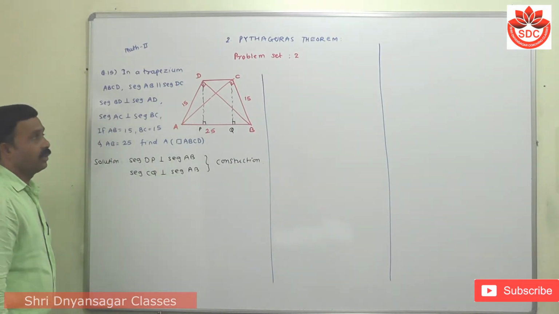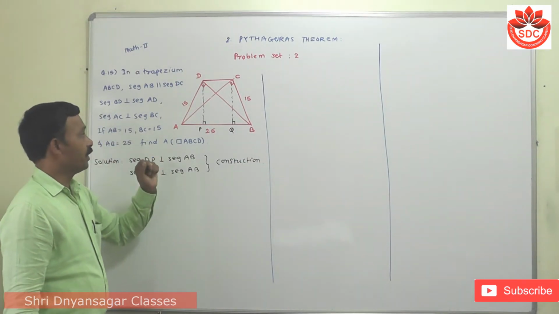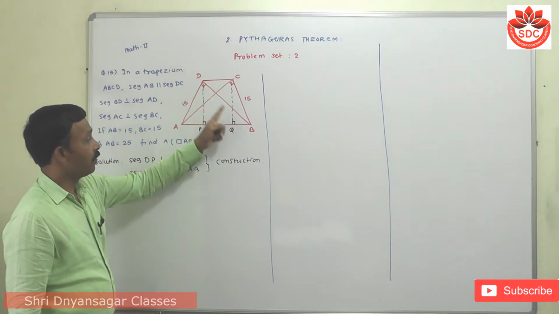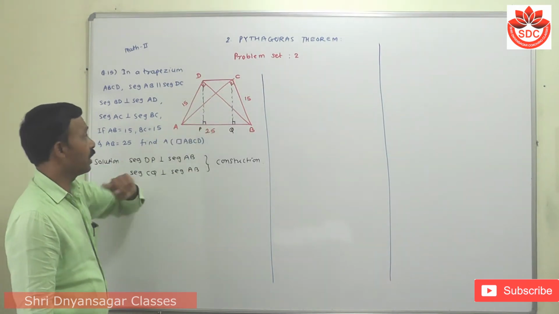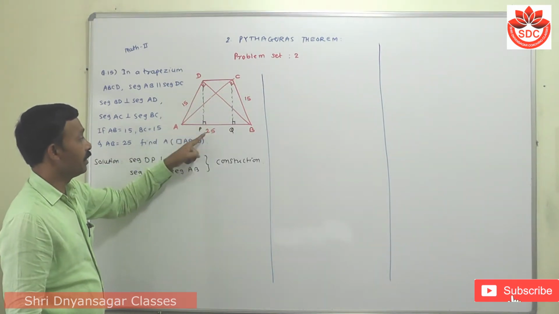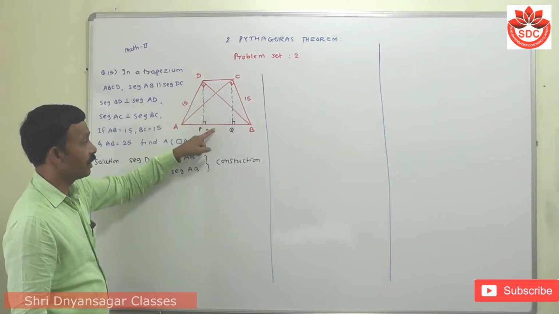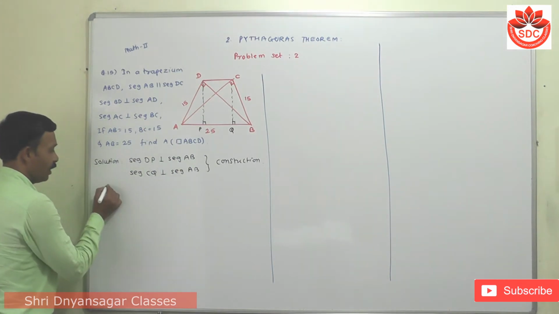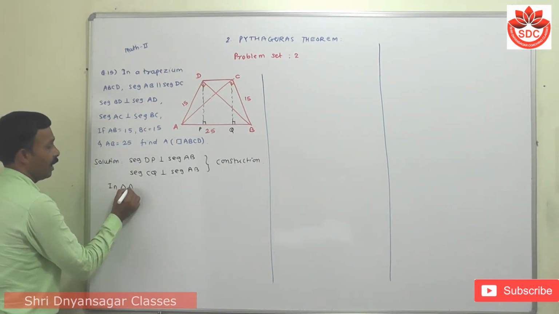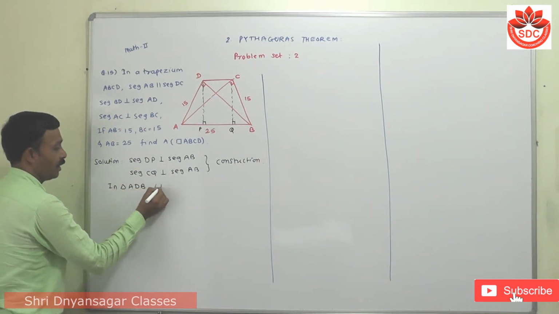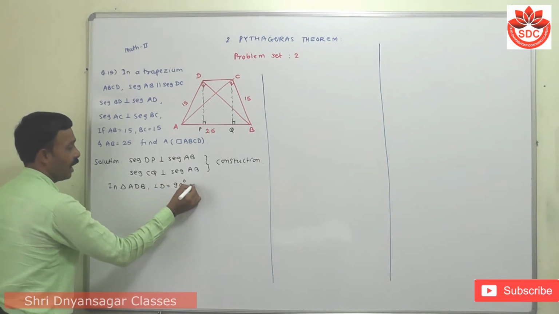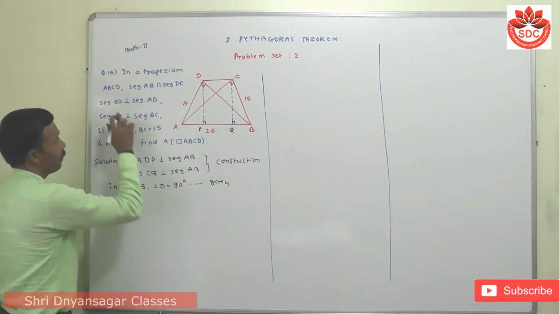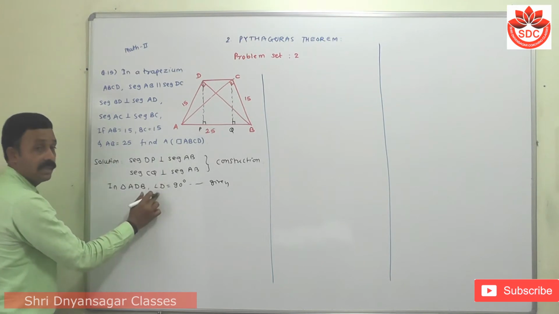Okay, then students, first I have to find the value of BD and AC. Look carefully: here AD is 15, this is 25, this is a right angle, and this is the hypotenuse. We can find this value by using the Pythagoras theorem. So in triangle ADB, angle D is how much? 90 degrees. This is given, BD is perpendicular to AD, which means the angle is 90 degrees.